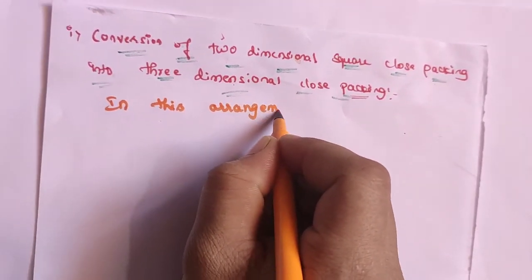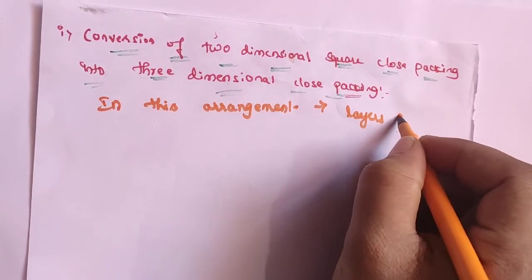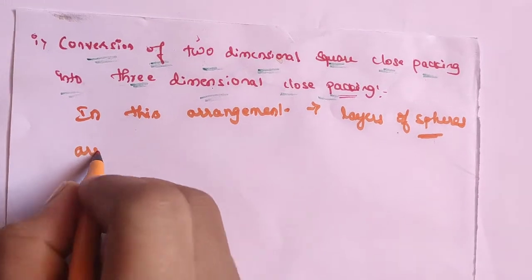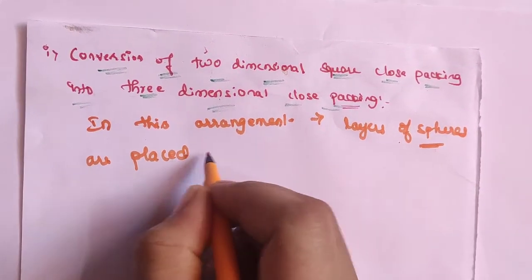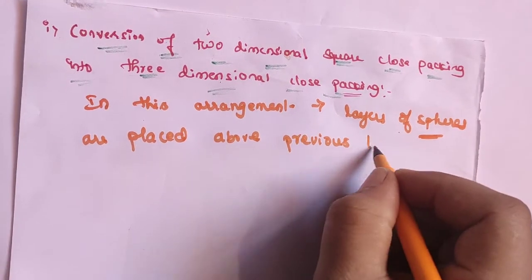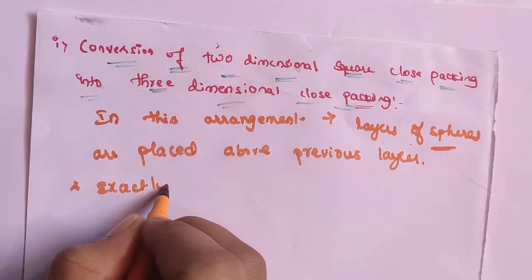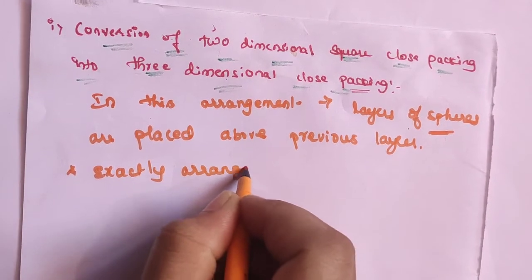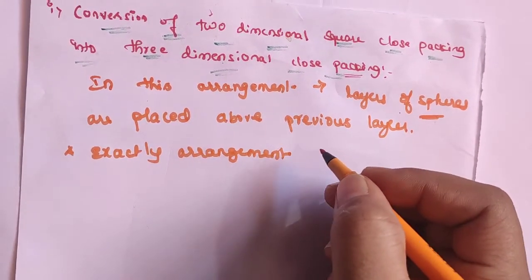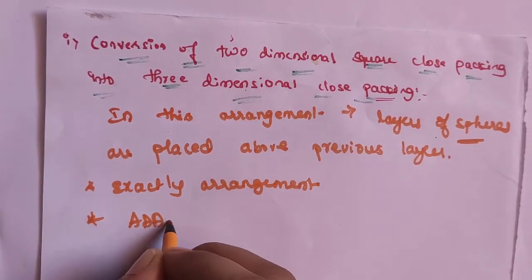In this arrangement the layers of spheres, one layer to another layer, are placed above the previous layer exactly over it. This lattice is represented by the AA pattern.